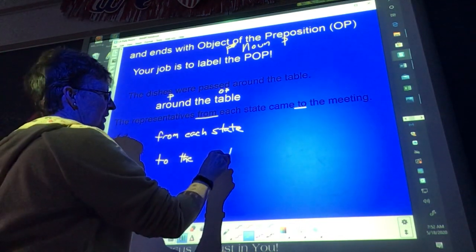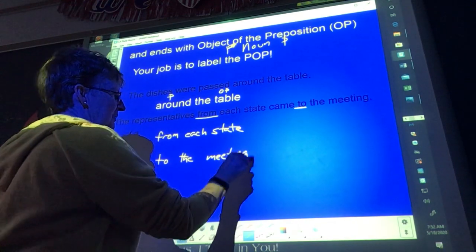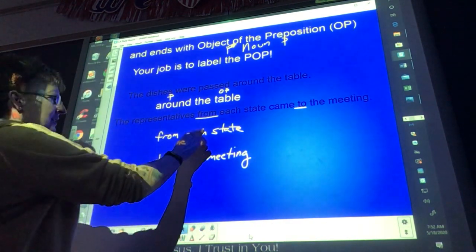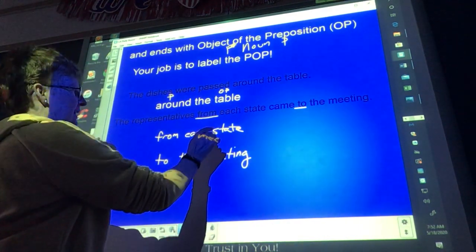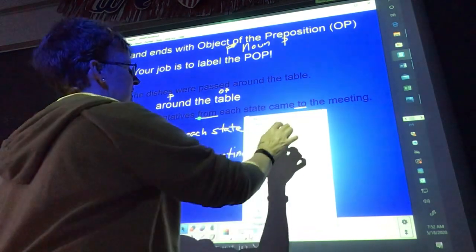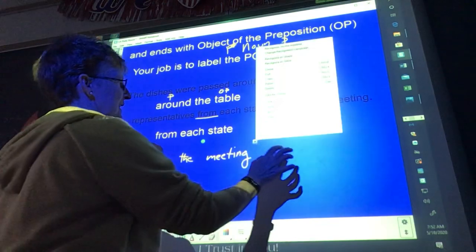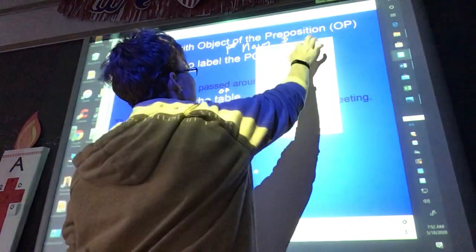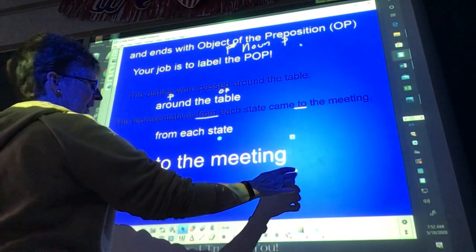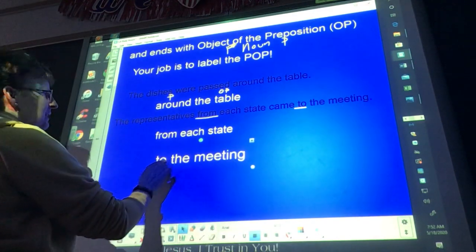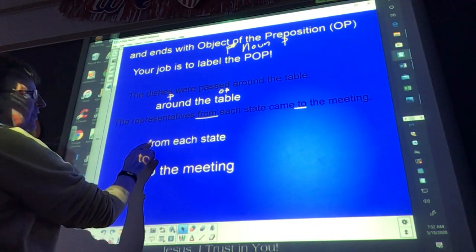And just for consistency, I'm going to recognize these. Hopefully, it's going to recognize them for me. Let's see, from each state. Great. Let's see if it's going to recognize to the meeting. Yes, we'll make that a little bit smaller. To the meeting. And then we have to label them.